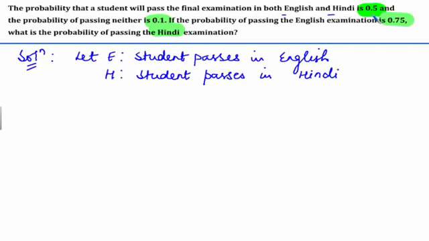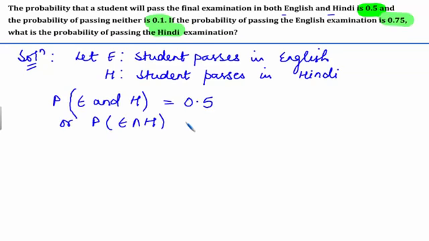The probability is 0.5. So we are given probability of E and H is equal to 0.5, or we can say that we are given that probability of E intersection H is 0.5. Also we are given that probability of passing the English examination is 0.75.